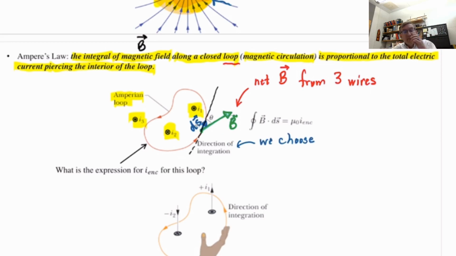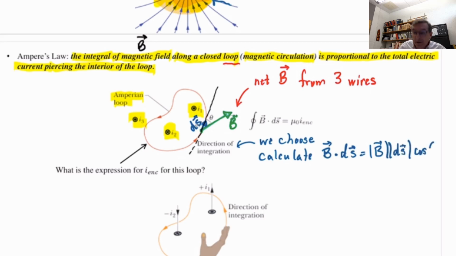We chose the ds to be basically as close as you can get to the direction of B. All right, and now we're going to calculate B dot ds, the actual dot product of two vectors, which means take the magnitude of the first vector, magnitude of the second vector, cosine of the angle between them when they're drawn with a common tail.